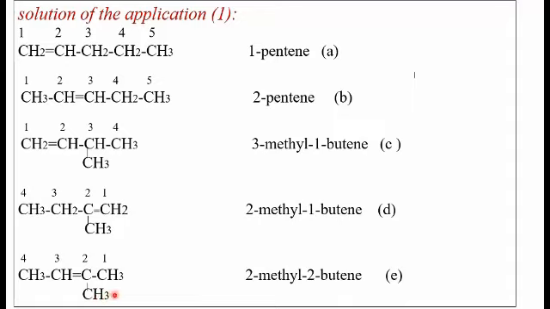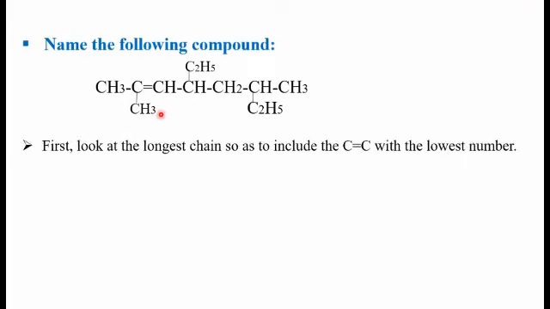The number of the methyl must be the lowest number. So the nomenclature is 2-methyl, because the methyl is on the second carbon atom, and the position of the double covalent bond is also on the second carbon atom, and the nomenclature is 2-methyl-2-butene.